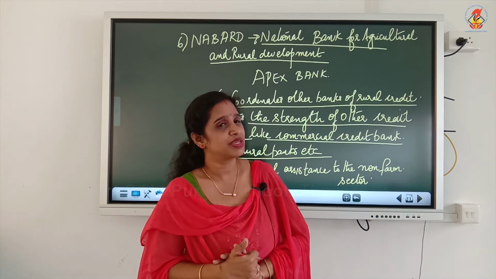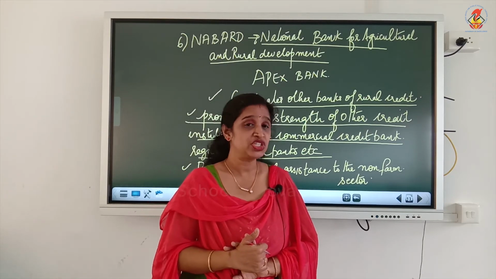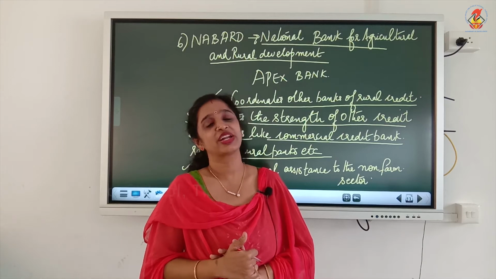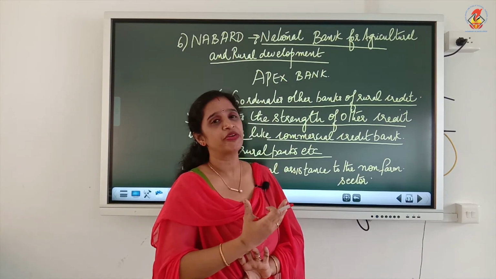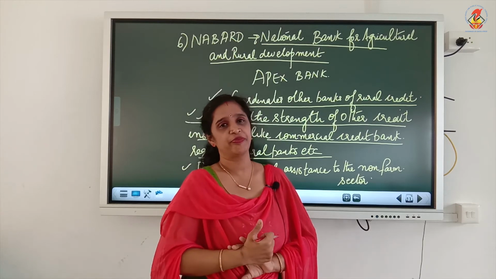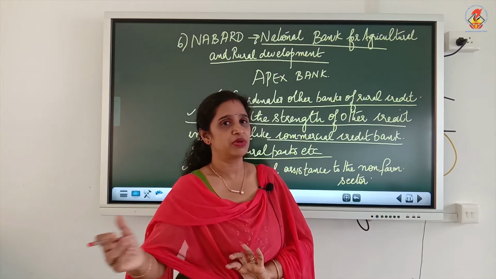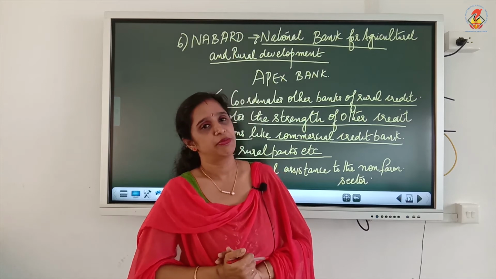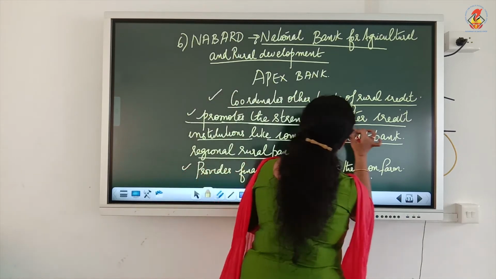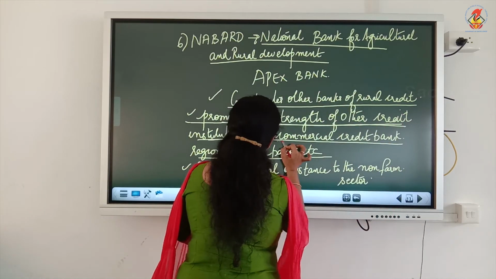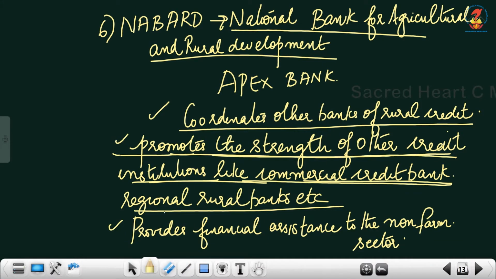Regional rural banks means the banks which are established in the most remote areas where there are no banking facilities. The strength of these banks in providing the credit facilities to the farmers is stimulated by Nabard. So Nabard has a major function. It promotes the strength of other credit institutions like commercial credit banks and regional rural banks.